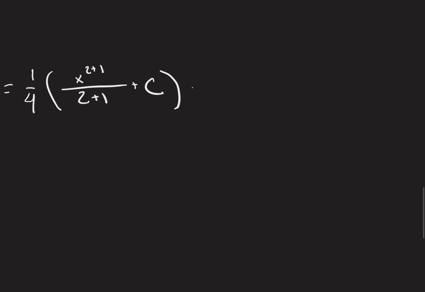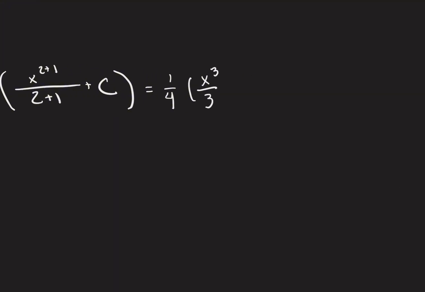And this would equal 1/4 times x to the power of 3 divided by 3 plus c, which would just give me x to the power of 3 divided by 12 plus c divided by 4.